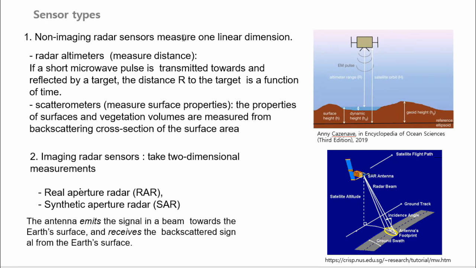They have large view angles, scanning two-dimensional large areas. And the SAR is actually an imaging radar. The antenna emits the signal in a beam towards the target and then receives the backscattered signal back from the surface.